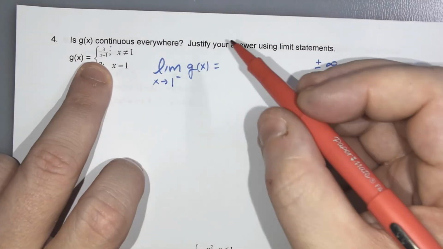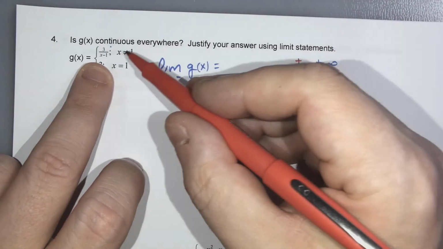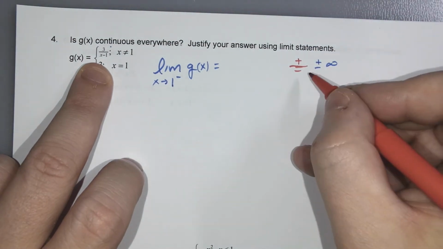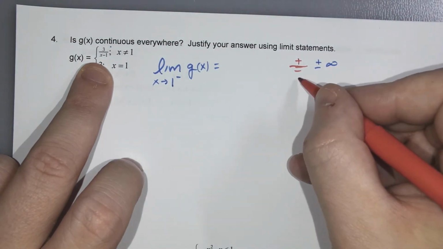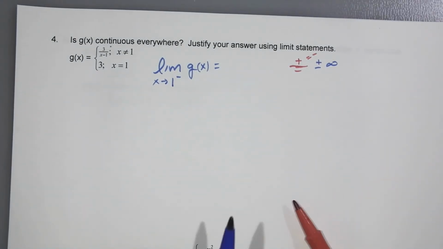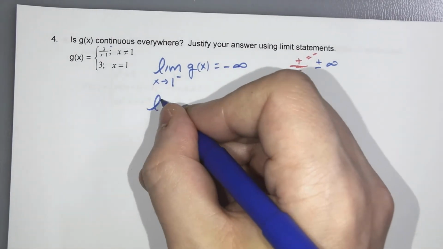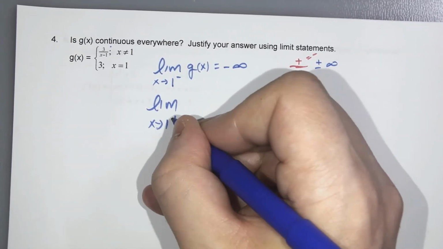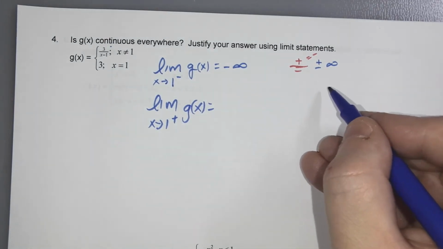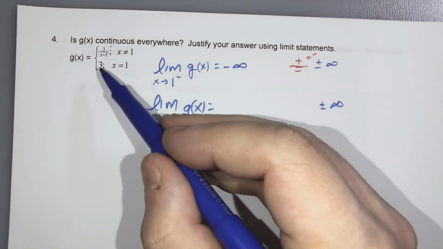Let's see, if I plug in a number that's a little less than 1, the top will be 3, and the bottom will be 0.9 minus 1, which is negative, and a positive over negative is negative. So this answer is going to be negative infinity. And then the limit as x approaches 1 from the right of g of x is also going to be plus or minus infinity. It's also going to be this 3 over 0.